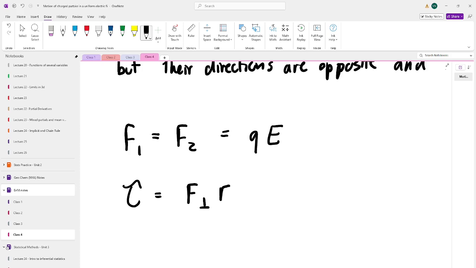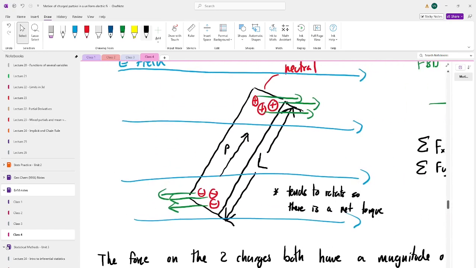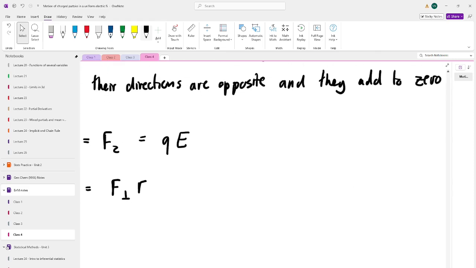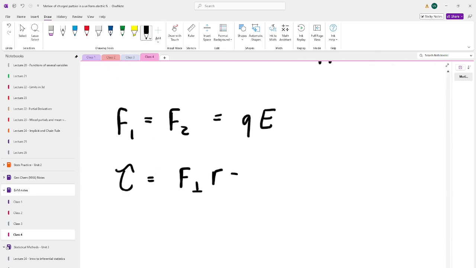But then if we take the point of rotation to be the middle of the object, we could say that it's equal to F1, let's say we're talking about the torque on one side, F1 times sine theta.